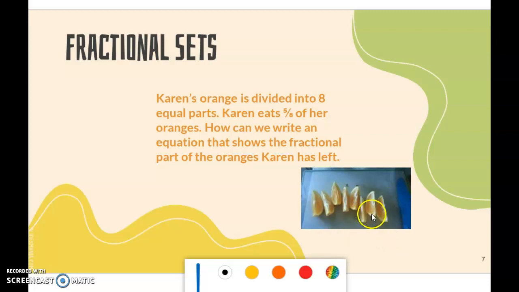Here is an example of the orange, remember what a whole entire orange looks like. So if you have that visual in your head, once it's divided evenly, it can be divided into 8 parts. 1, 2, 3, 4, 5, 6, 7, 8.